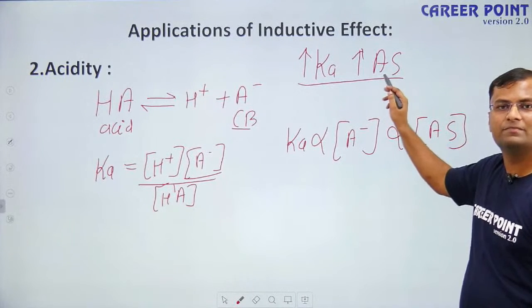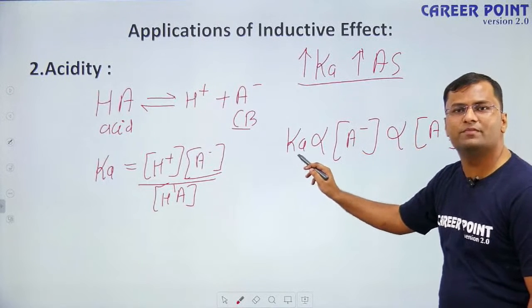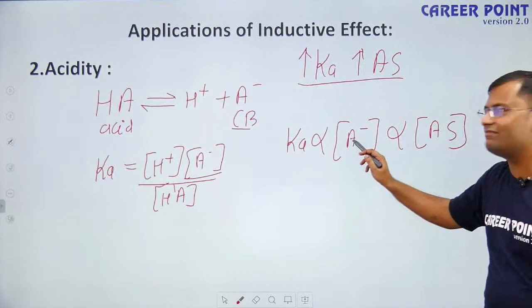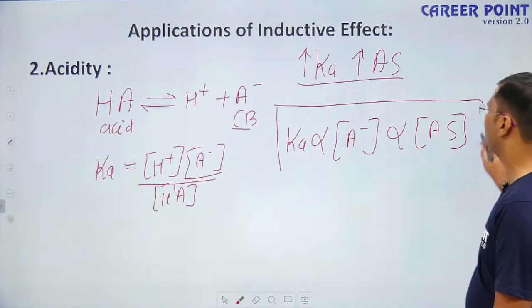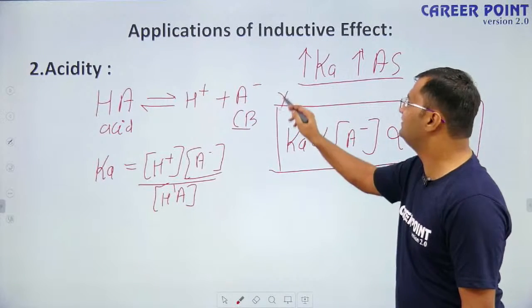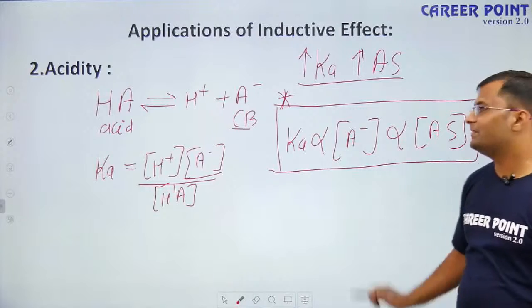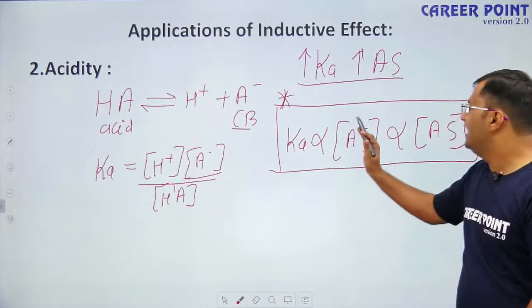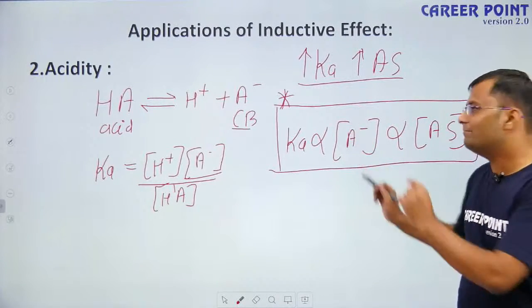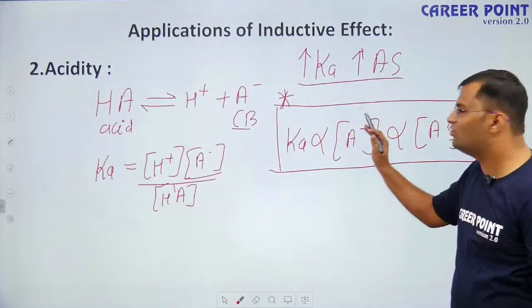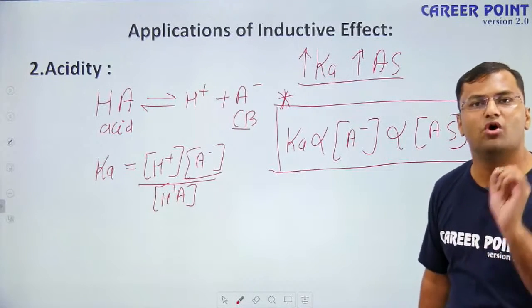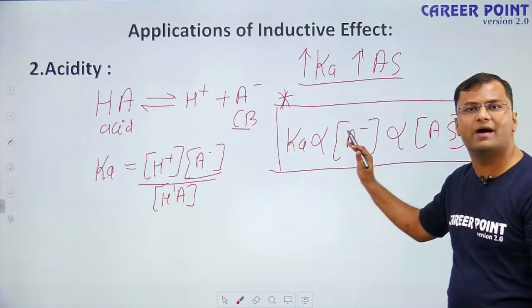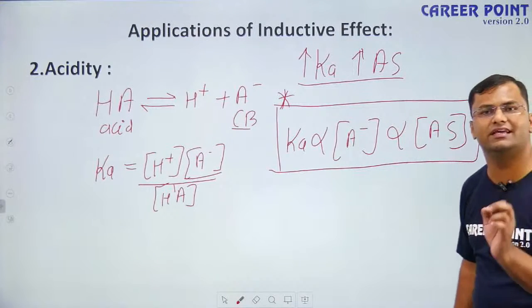So the higher the Ka value, the more stable the conjugate base, and the higher the acidic strength. This is the important point we derived. Here you can see, the more stable the A minus, the higher will be the acidic strength. The more the stability of A minus, the higher the acidic strength.